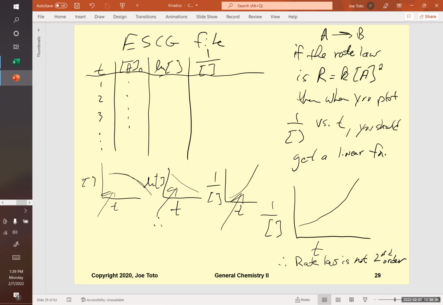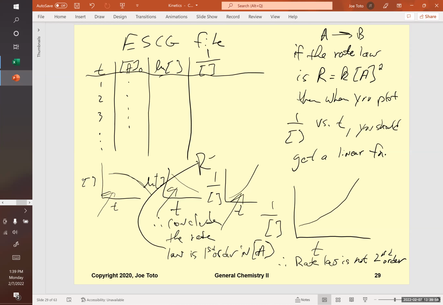So therefore, you conclude that the rate law is first order in A. Or in other words, it looks like rate equals K times A to the first power.